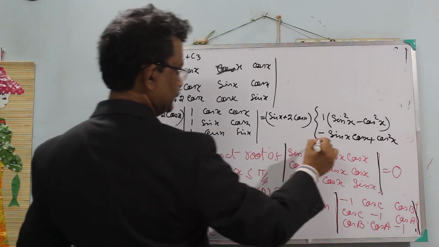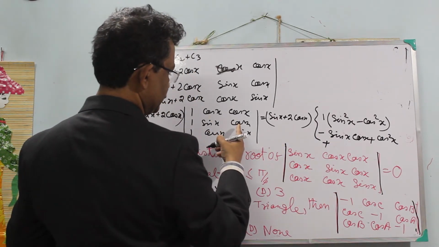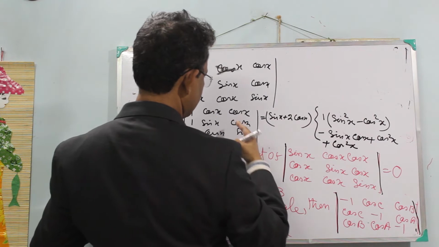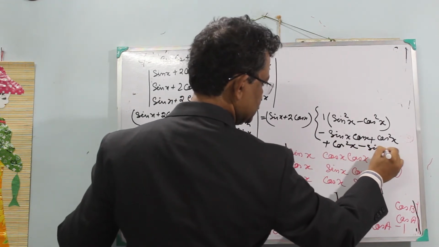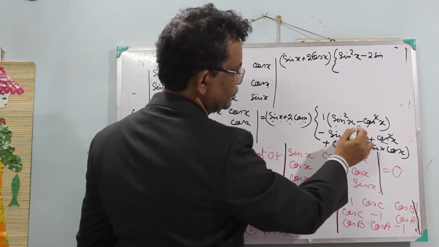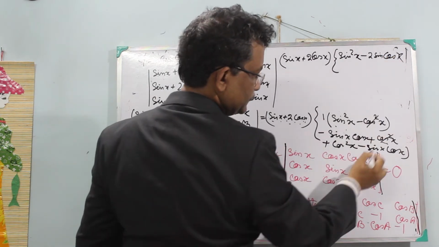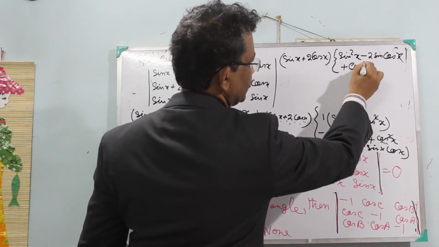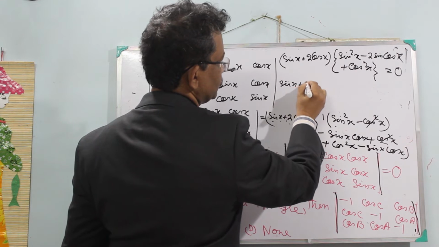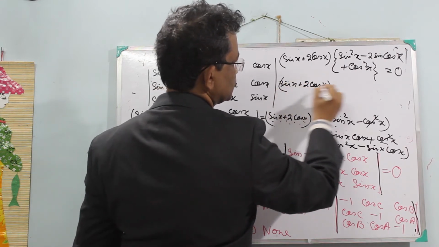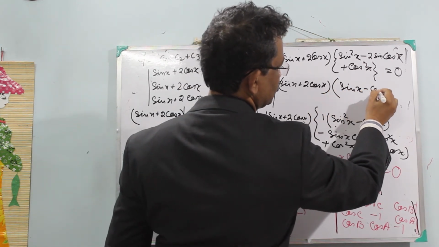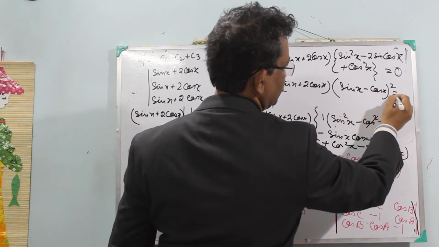And last plus cos square x minus sin x cos x. Sin x plus 2 cos x times sin square x minus 2 sin x cos x plus cos square x is equal to 0. So sin x plus 2 cos x times sin x minus cos x whole square equals 0.